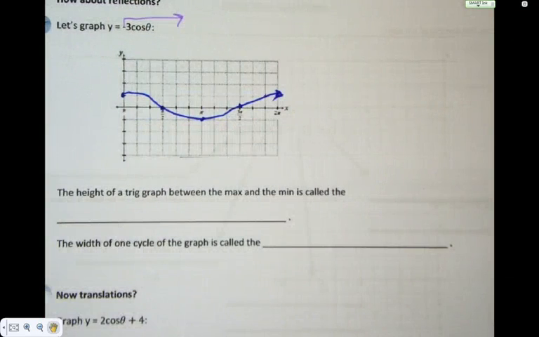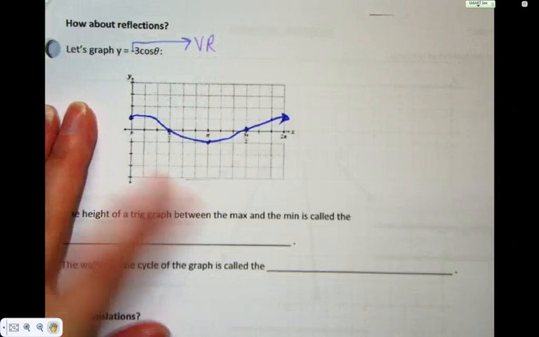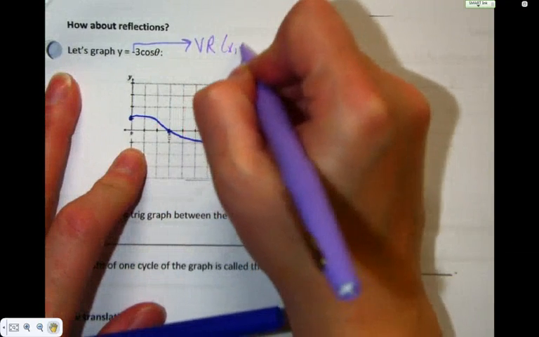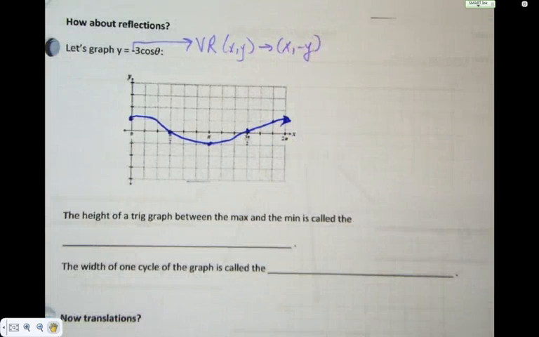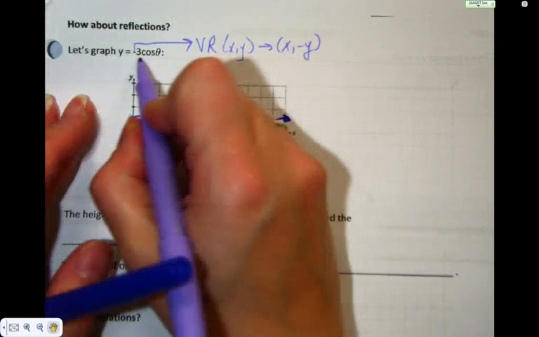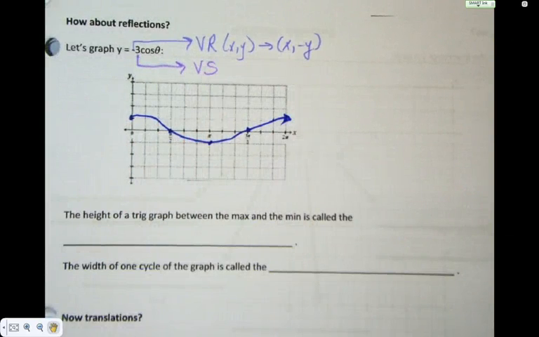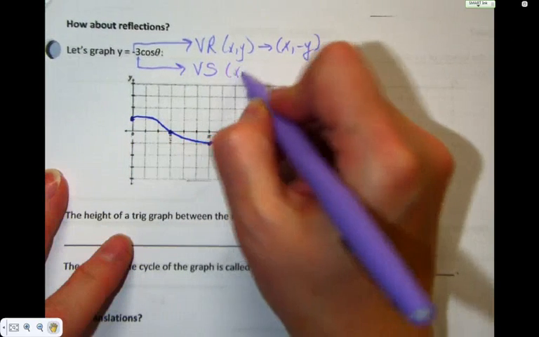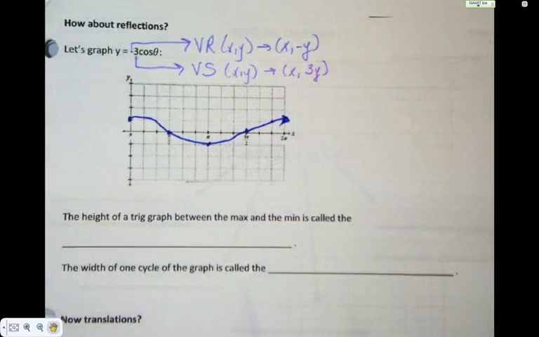What is the negative? xy goes to x, negative y. What's the 3? xy goes to x, 3y.